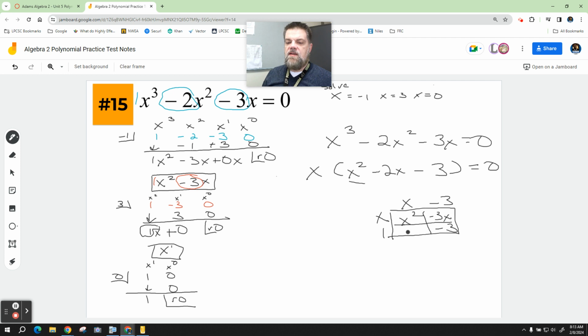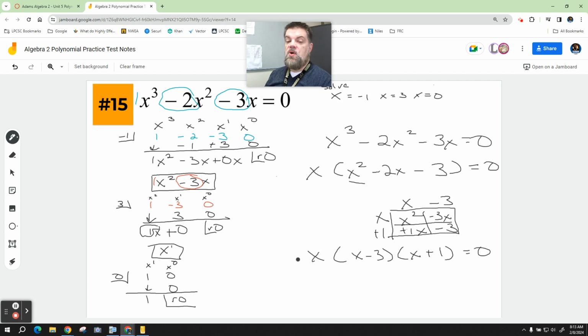And then x times 1 is just a positive 1x. And when you add those up, negative 3 plus 1 is negative 2. In other words, this whole thing becomes x minus 3 times x plus 1. And then you hit equals.